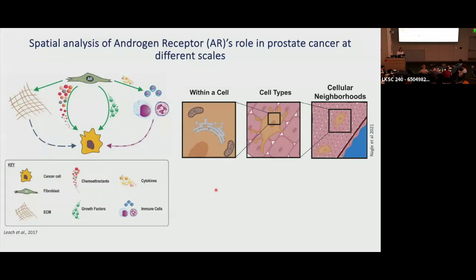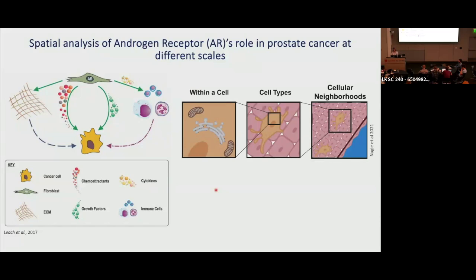The reason that we are going to focus on this is that even though AR is well known for its role in cancer progression, it's also expressed in stromal cells, where it plays a major role. In this diagram on the left, you can see a stromal cell that expresses AR, and by releasing chemoattractants and growth factors, controlling extracellular matrix, ECM, production, and controlling the immune response, it creates a habitable environment for the tumor cell.